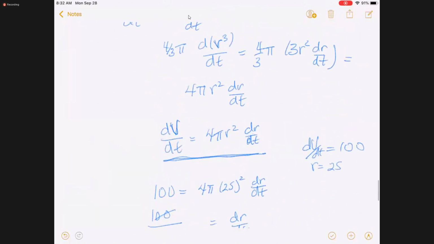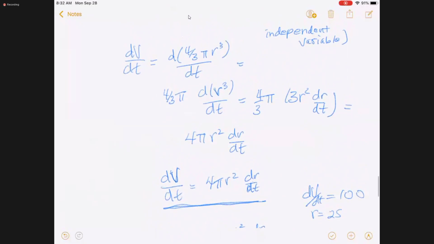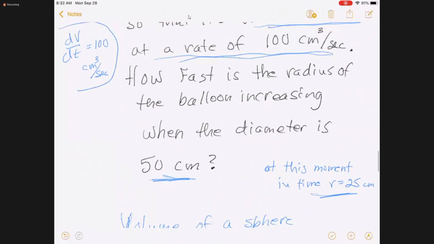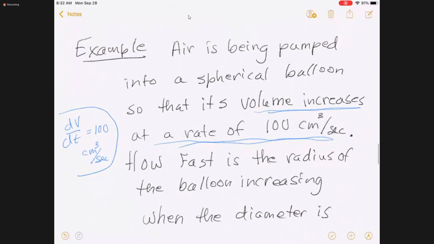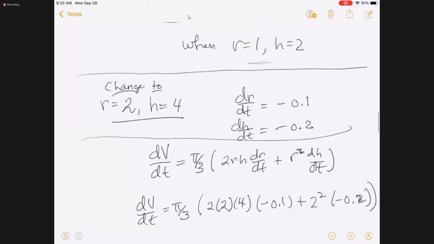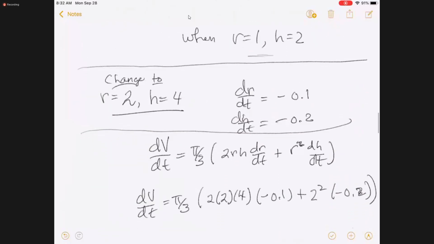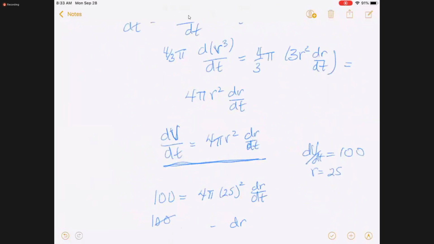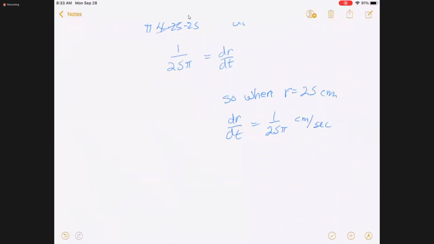Okay, let's try another one. So we have a balloon being blown up and a conical tank being drained. How about we do some drivers? Okay, so here's another problem.